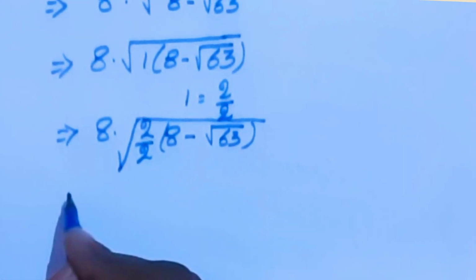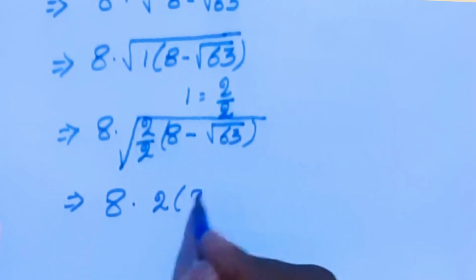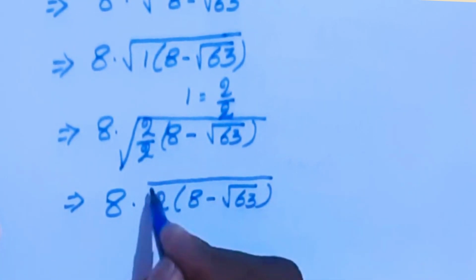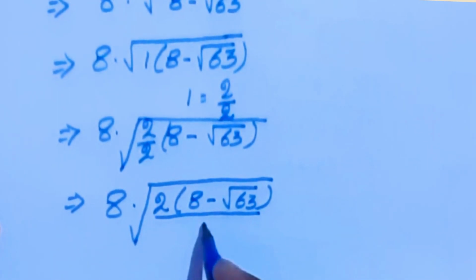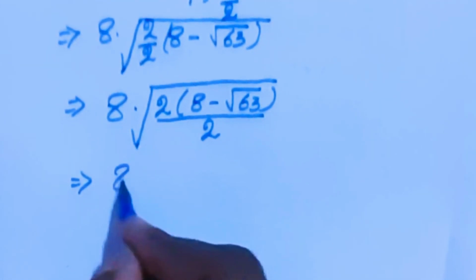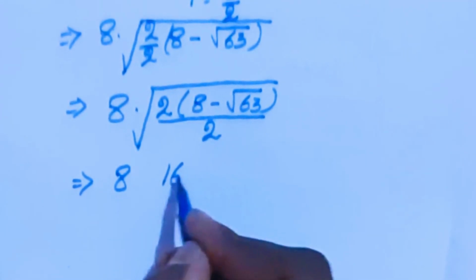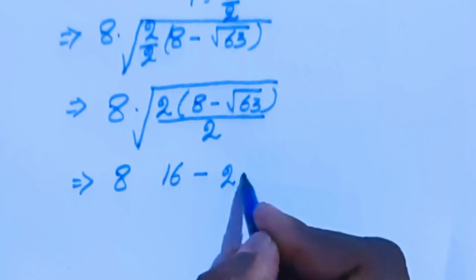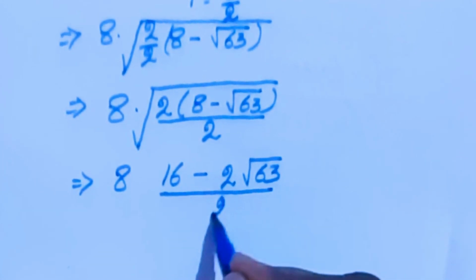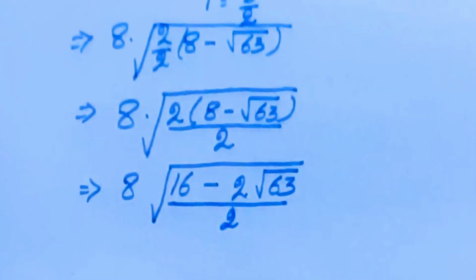Now this can be written as 8 times 2 times 8 minus square root of 63, by 2 in whole square root. 8 times 2 times 8 is 16 minus 2 times square root of 63, by 2 whole square root.